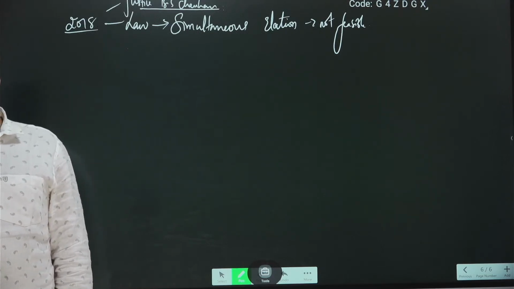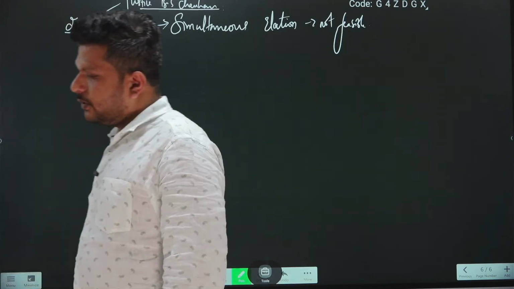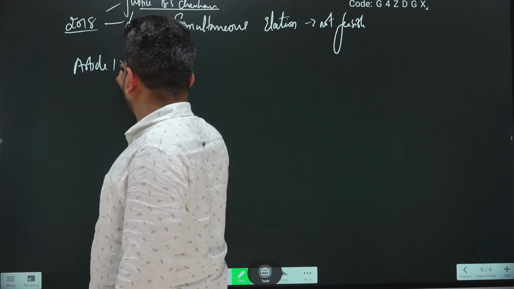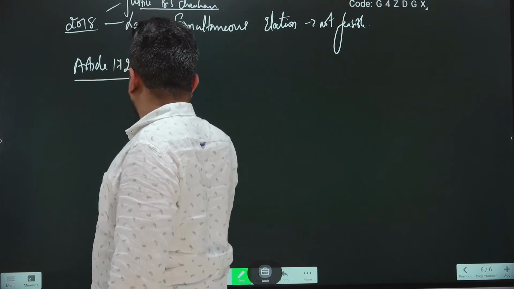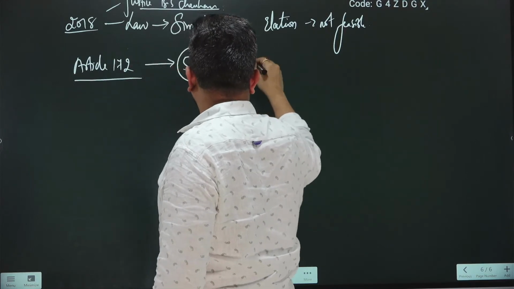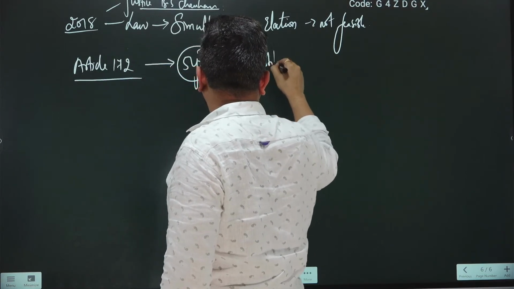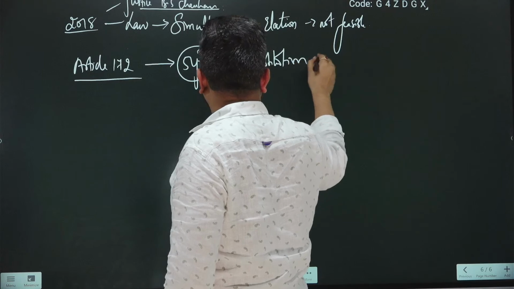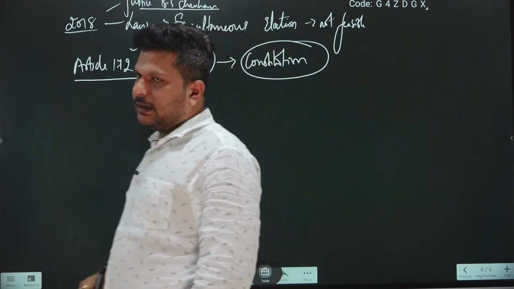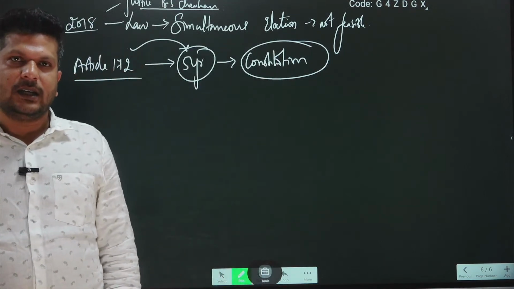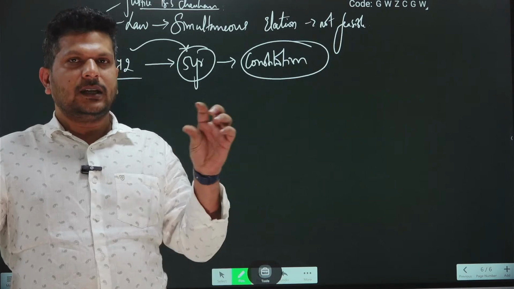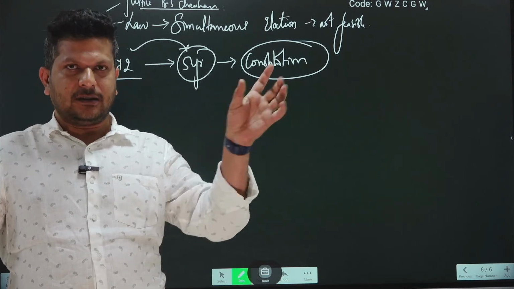And if you look at Article 172, it stipulates that every state legislature will be functional for a period of 5 years from the date of its constitution. Now, at any point of time, there are various tenures for every state which are different.